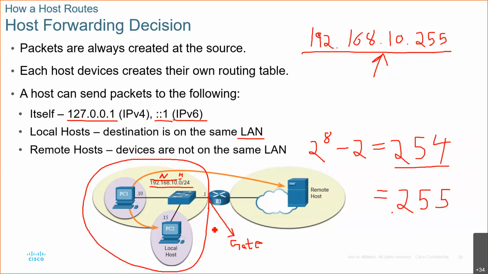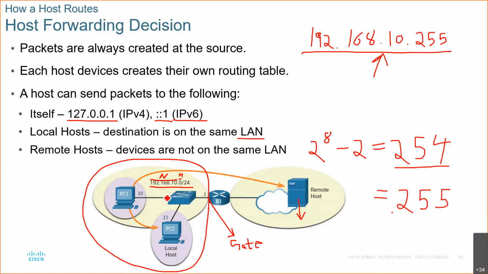So having that in mind, these are the local hosts. Now, the moment you want to access this computer, the remote host, you have to go through a router. These are devices that are not on the same LAN. That is why we need a router. Router is something that we have not yet touched in the lab. But I have told you since the beginning the difference between a router and a switch.